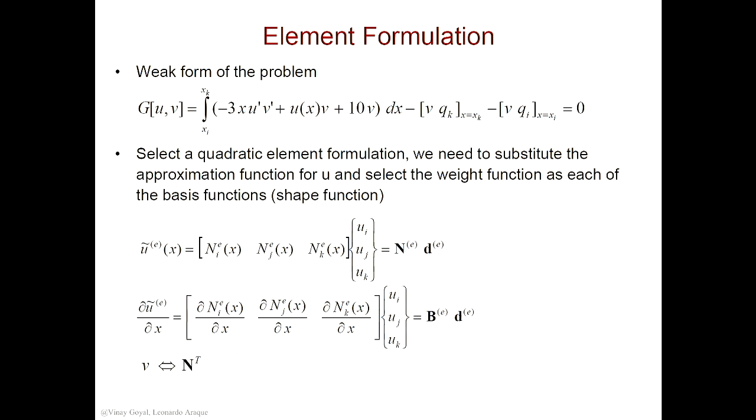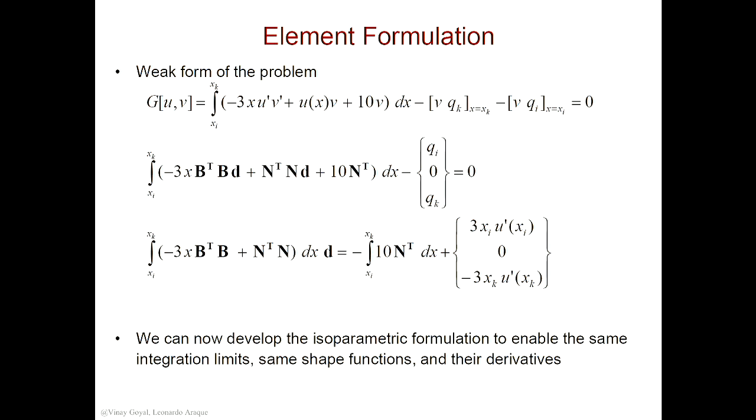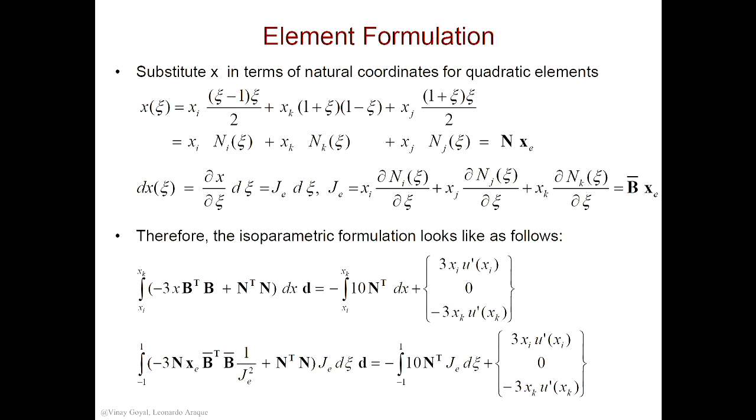And so B bold, we already showed you that is B bar times 1 over J. We showed you that step. So all I did, I plugged it in there. Okay. Now this B bar is easy to calculate because it's basically these values here. This B bar is composed of this derivative, and this derivative in a matrix format. Okay. All right. Any questions?